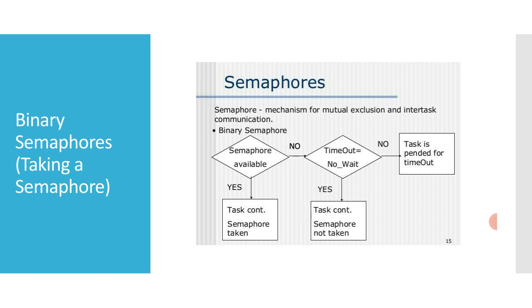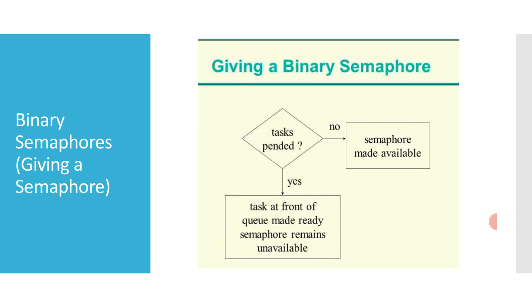If the semaphore is unavailable (empty), the task is put on a queue of blocked tasks and enters a state of pending on the availability of the semaphore. This is how we do the taking of a semaphore. When a task gives a binary semaphore using semGive, the outcome also depends on whether the semaphore is available (full) or unavailable, that is empty, at the time of the call, as shown in this figure.